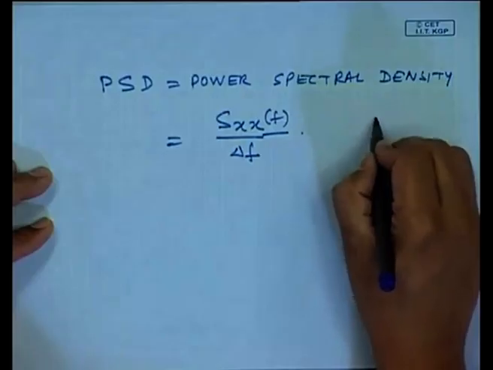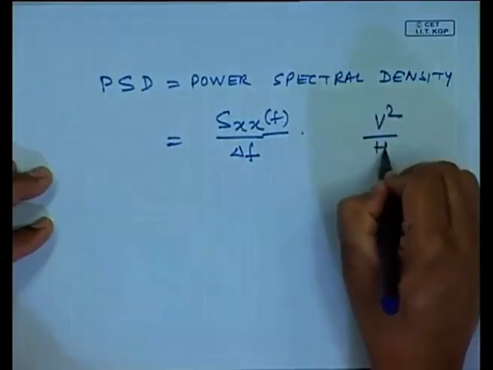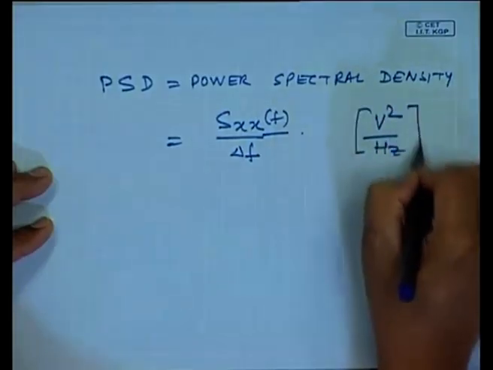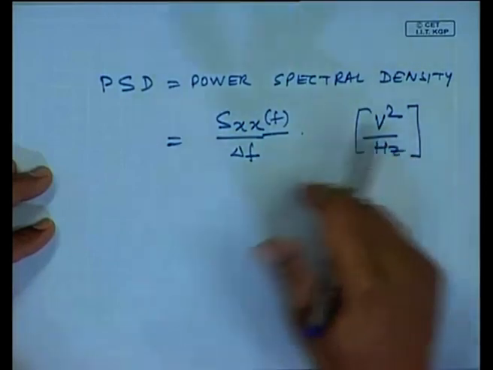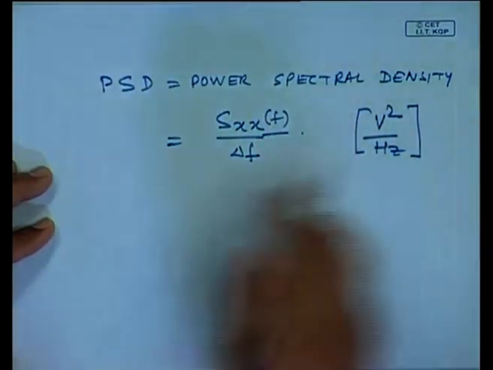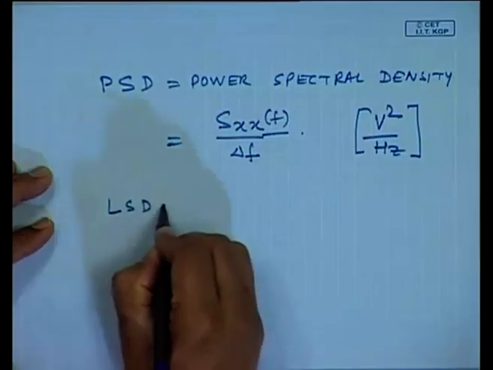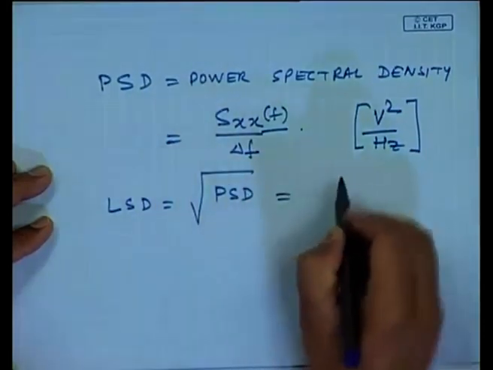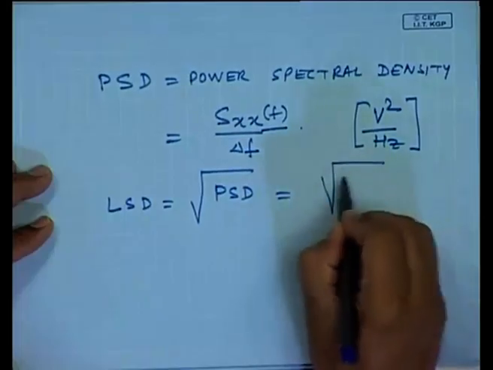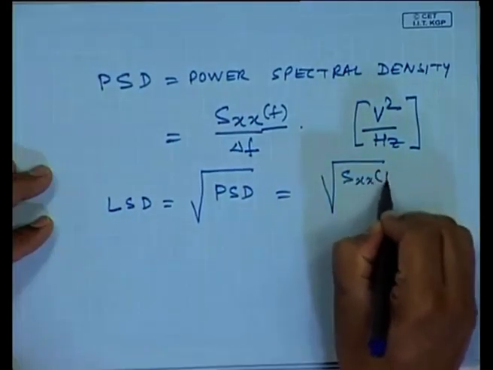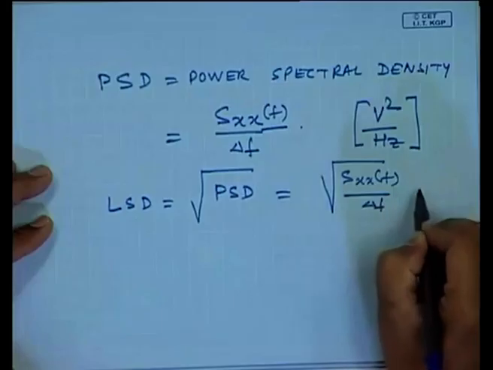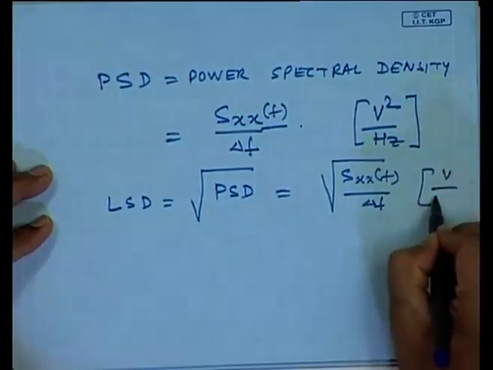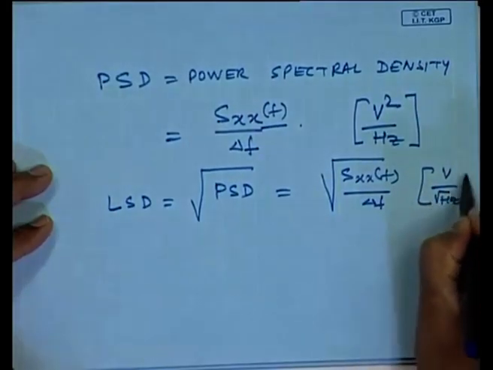So, the unit will be volt square per hertz, and this is used to characterize random signals which are varying with time. So, the linear spectrum will be the square root of power spectral density, and its unit will be volts per square root of hertz.